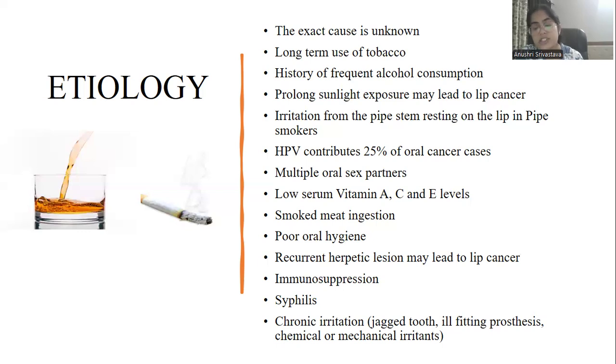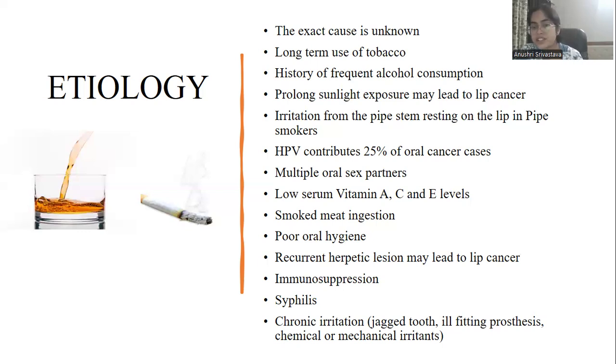Next, immunosuppression: if our immune system is suppressed due to so many conditions or problems, like we are using immunosuppressant drugs because of autoimmune diseases, or our immunity is suppressed from birth, in those cases we can get oral cancer. Next, syphilis: if we are infected with syphilis, at that time also we can get oral cancer.